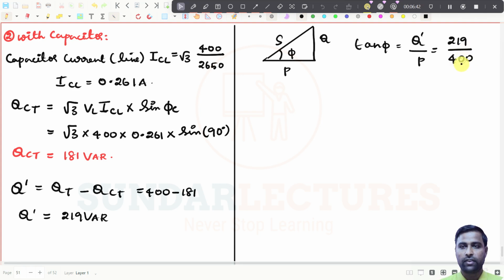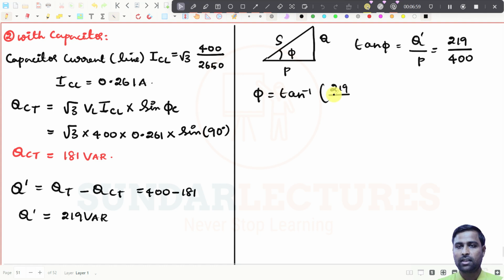Whatever value you get here is nothing but tan phi. So phi is equal to tan inverse of 219 divided by 400.